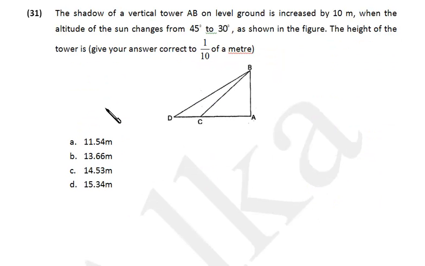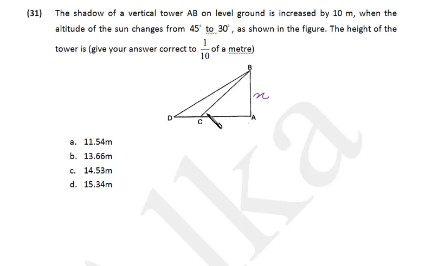Now this question: the shadow of a vertical tower AB on level ground is increased by 10 meter when the altitude of the sun changes from 45 to 30 as shown in the figure. The height of the tower is? Now, this is the height of the tower, we assume it to be x. Initially the angle is 45, and you should be careful while marking the angle.